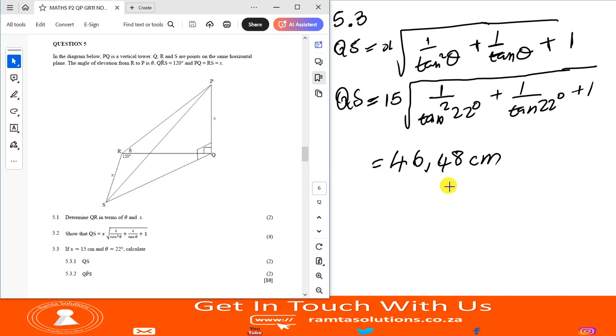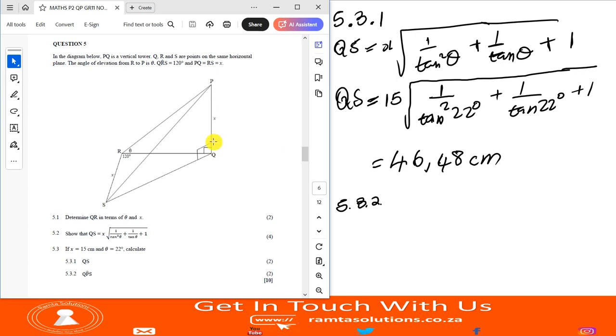Now, proceeding. 5.3.2 says, determine angle QPS. Where's angle QPS? Oh, here it is. It's a right angle triangle. Angle QPS is here. We have QS and we have x.